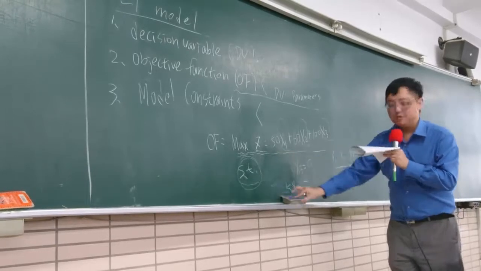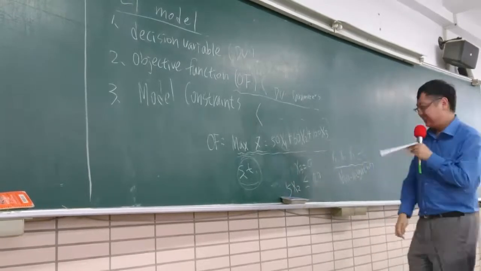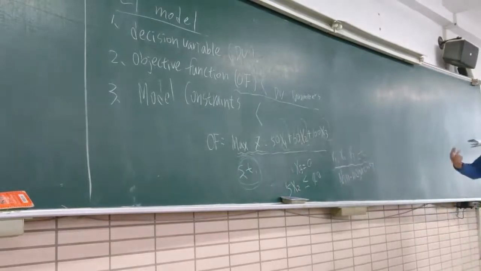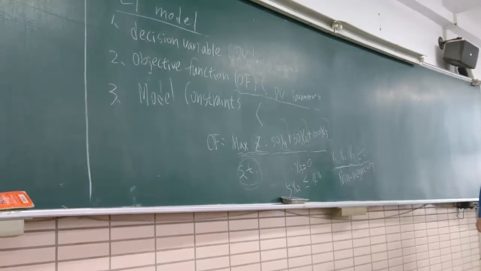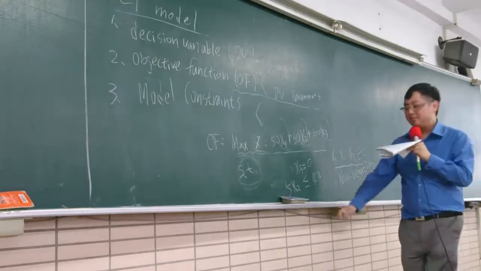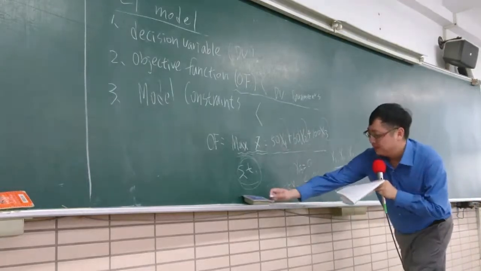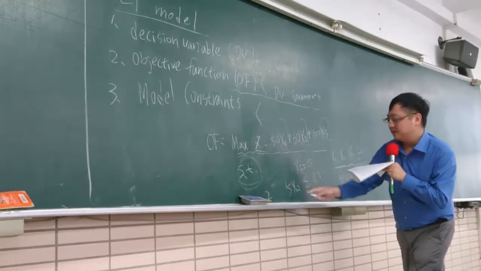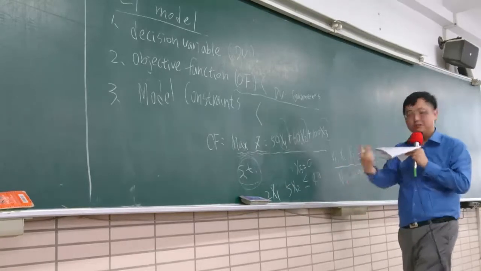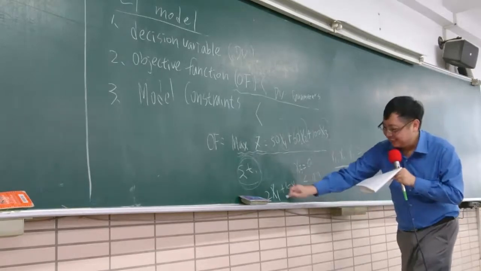So now x1 can be produced. We can produce teddy bear. And then you ask, how about labor? He says that teddy bear is not so complex as Barbie, so it costs less labor. So teddy bear costs 2. One unit teddy bear costs 2 hours.